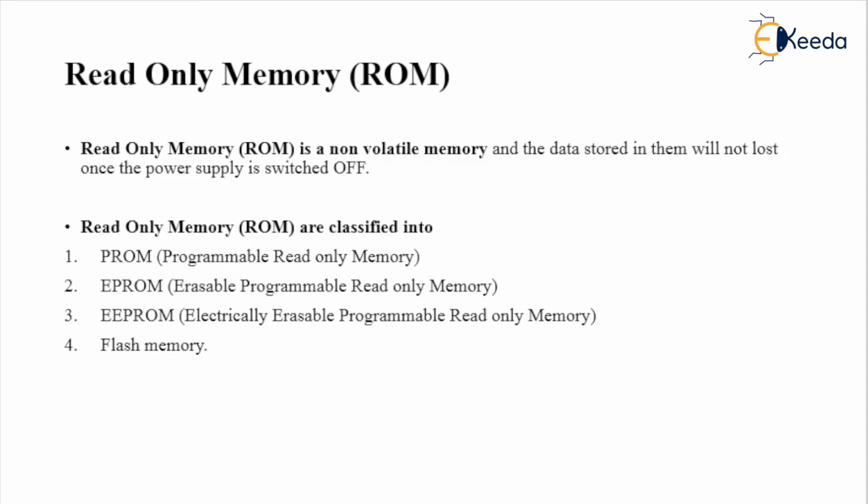Whereas the volatile memories we studied in our previous videos, that are SRAM and DRAM cells, all those RAMs come under volatile memory because they lose their data when the power supply is switched off.